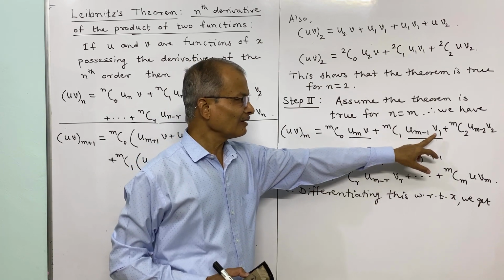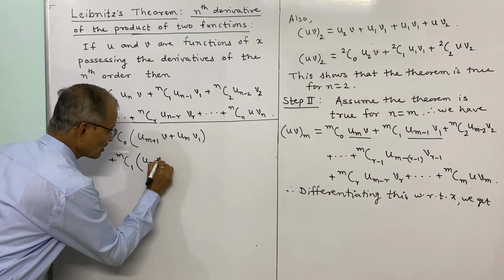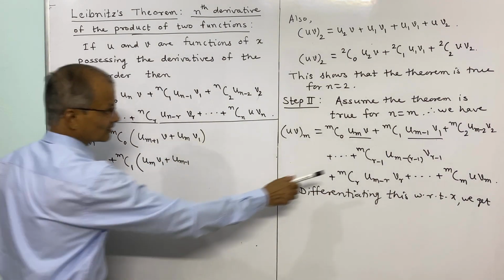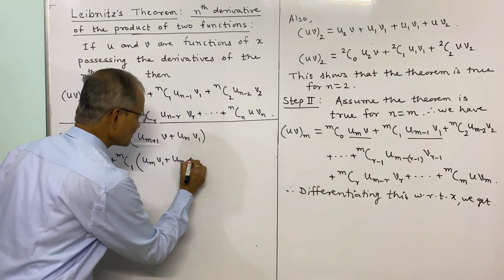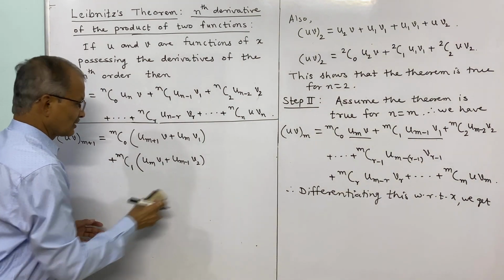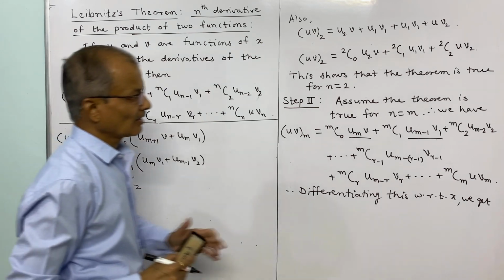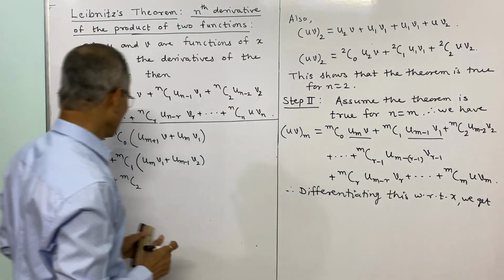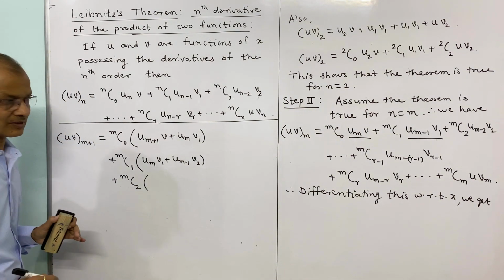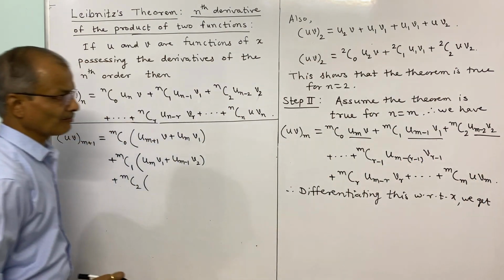So while writing the derivative, we have to increase the order, and v1 as it is in the product rule, plus now first as it is, u_(m minus 1) as it is, and derivative of v1 means v2, and plus the next is m choose 2, and again the derivative of first means derivative of u_(m minus 2), and its order will be increased by 1 and it will be m minus 1.